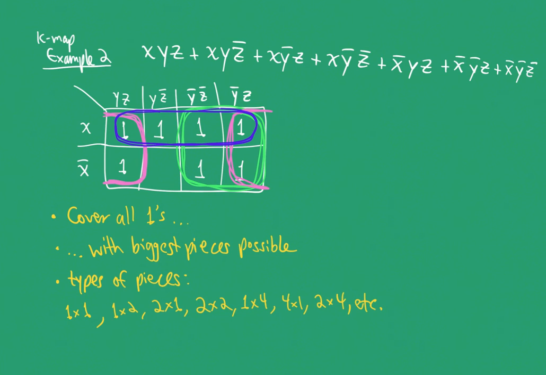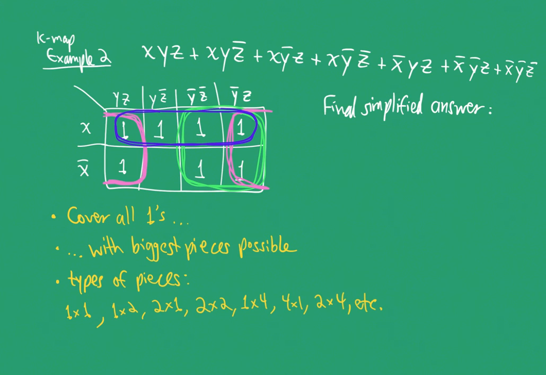Now let's look at our final simplified answer. And notice, we're not doing tons of algebra steps using those properties I mentioned earlier. We're using those properties in the background, but it's almost like we turned using those properties into this game of circling groups of ones that have a particular configuration and trying to get the biggest pieces to cover all of the ones.